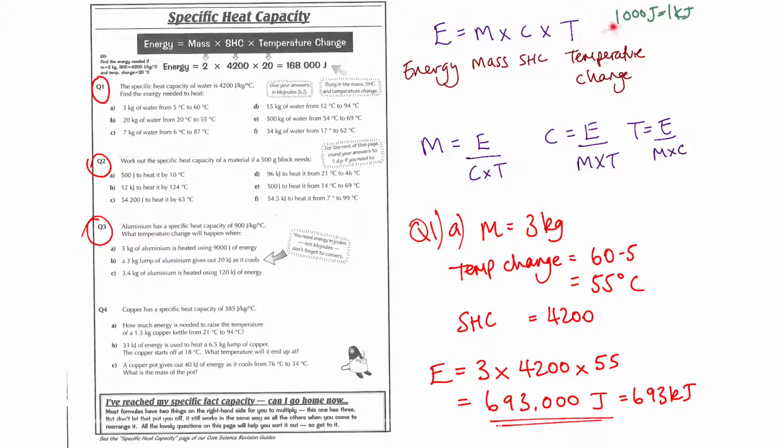We then need to put it into our equation, choose the right form. We're trying to find energy, so we're looking for E equals m times C times delta T, mass times specific heat capacity times temperature change. Whack it into a calculator and you get 693,000, and then you divide through by 1,000 for the final step, so it can be turned into kilojoules: 693 kilojoules.